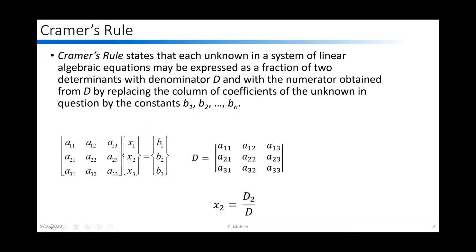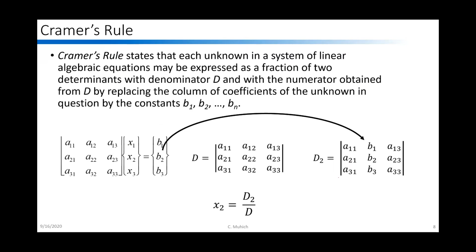And I can write this out again. Maybe for D2, I take that general D determinant, and this time I replace this second column with b1, b2, b3. Noting again that it's the second column for D2, and it gives us x2.